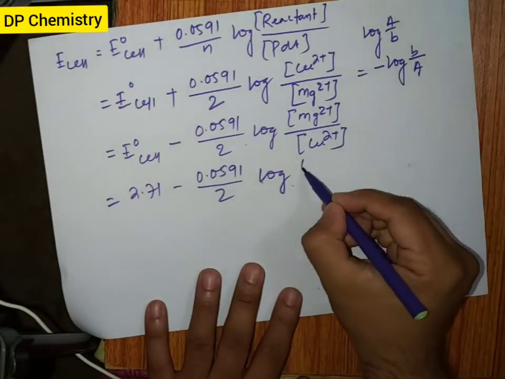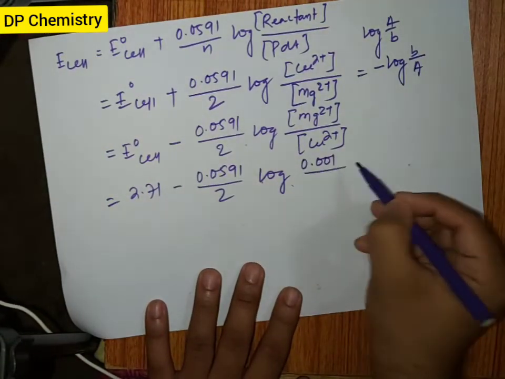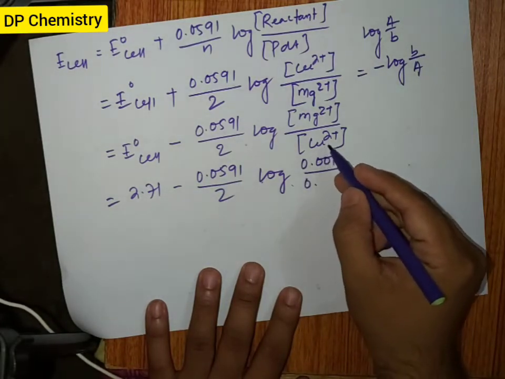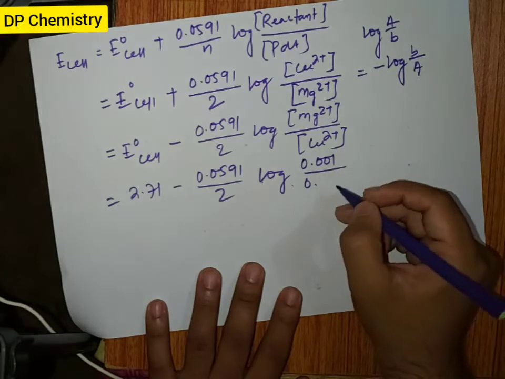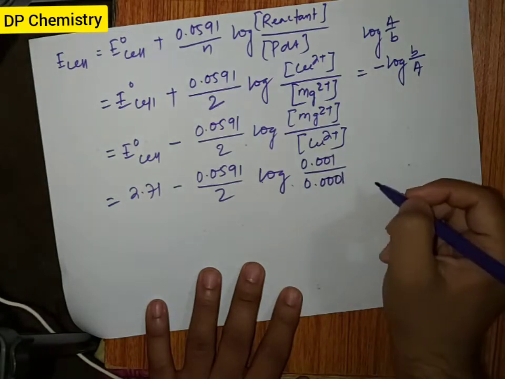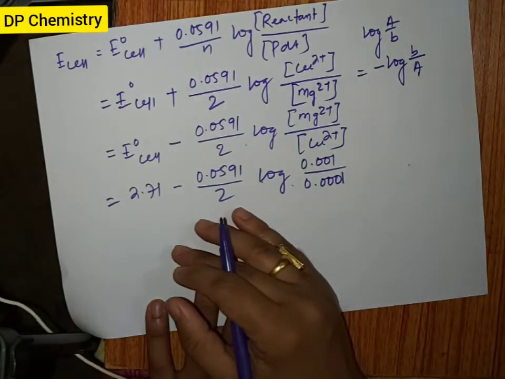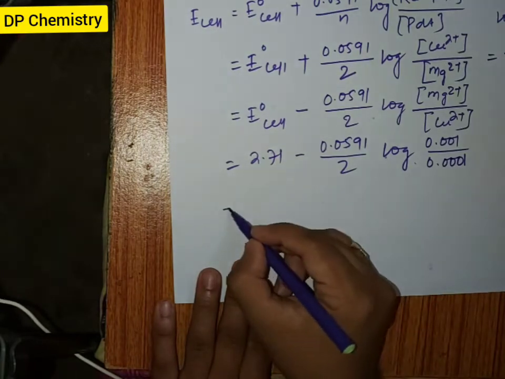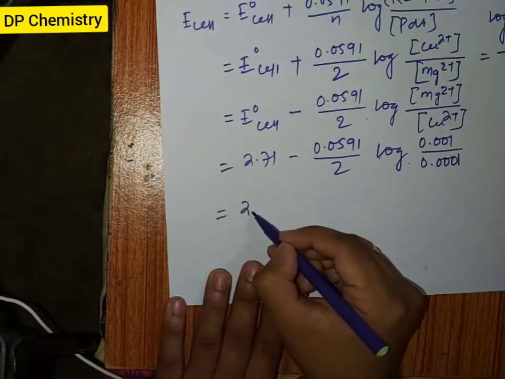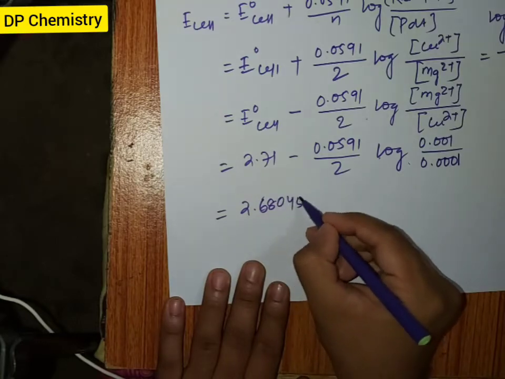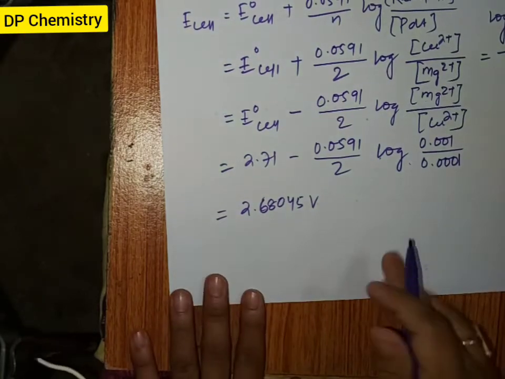So we will just put 0.001 divided by the concentration of Cu2+, which is given as 0.0001, right? And then if I calculate all the things, we get the answer 2.68045 volt. This will be the final answer.